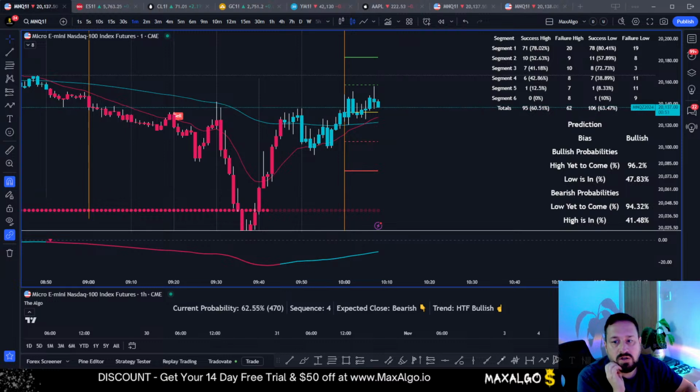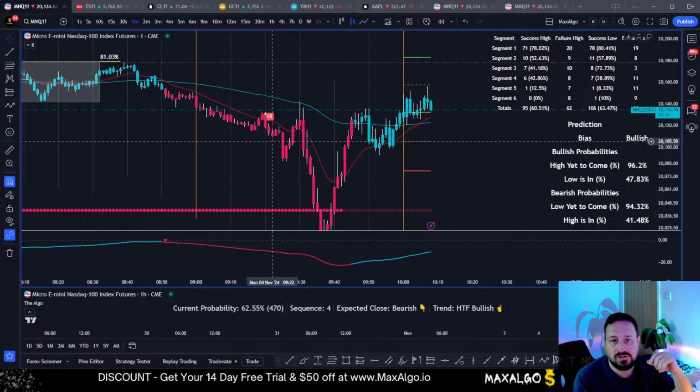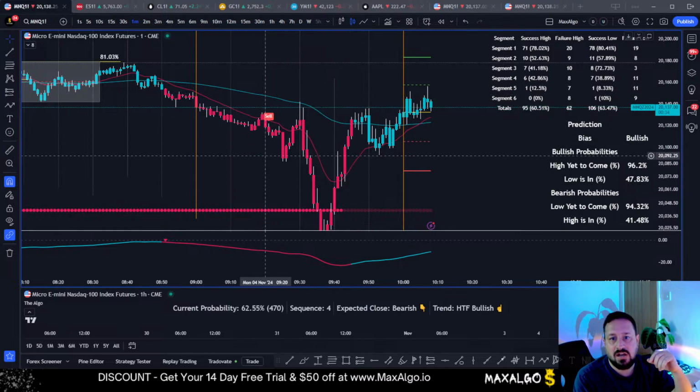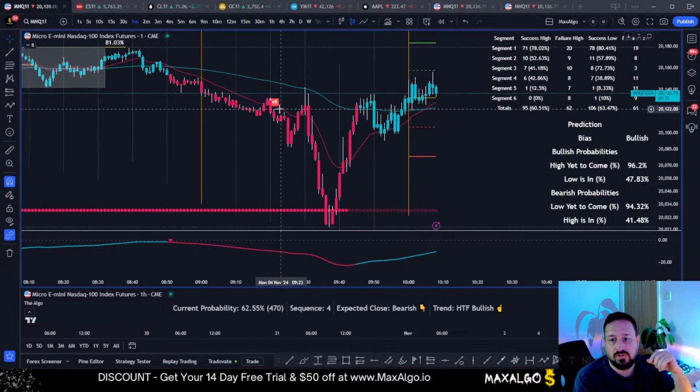The algo works exactly the same on every time frame. It's just how quickly you can combine and understand on the seconds chart how far price moves, right? The reason we're using the hour is because it gives enough price movement for what I'm looking for when we get our moves to get a trade and get in.